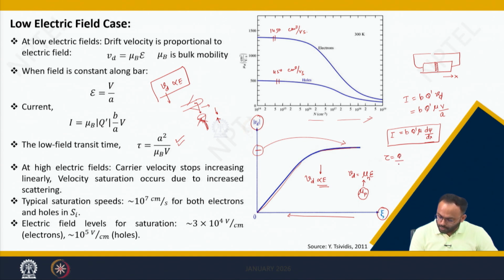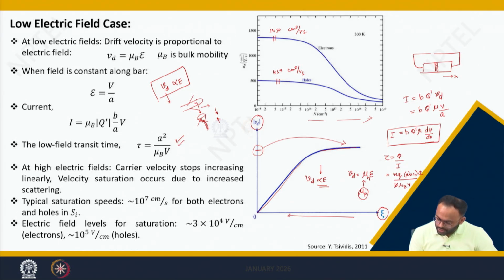Tau is nothing but Q by I, where this is N into Q into A into B into C, and the B equation can be written as B into mu B into V into V by A, right?